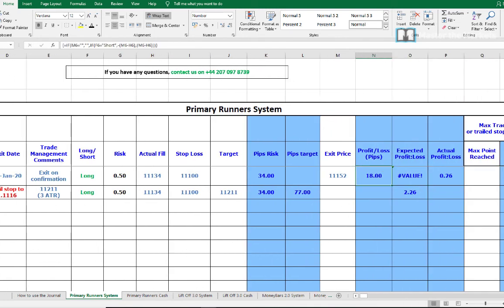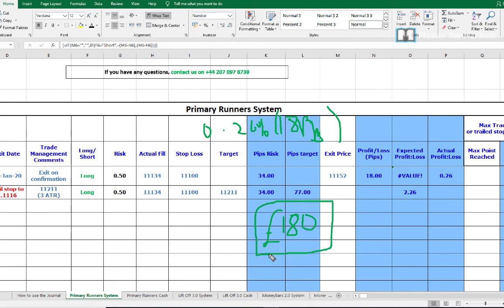So overall, between the two rooms, we've just closed out this week with 0.26% profit and 18 pips of profit at £10 a pip. That would be 180 pounds. That's what we are looking at in terms of the trading floors for this week. 180 pounds up, and so that's good.